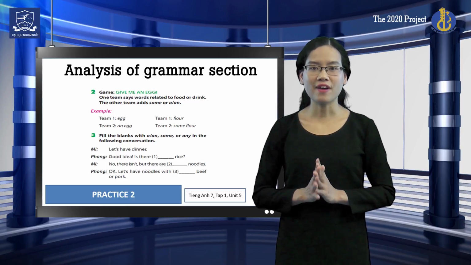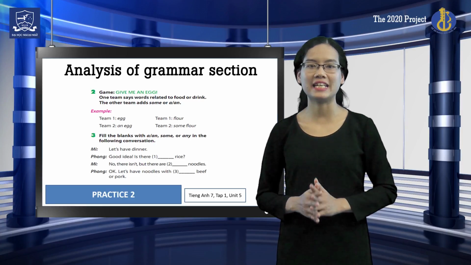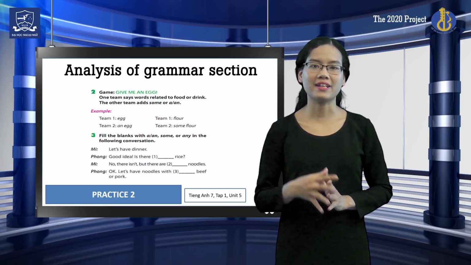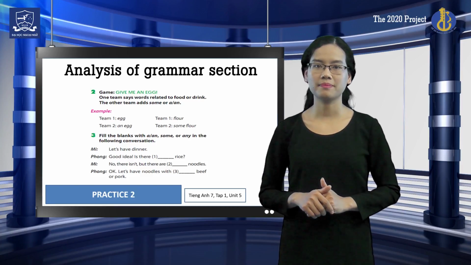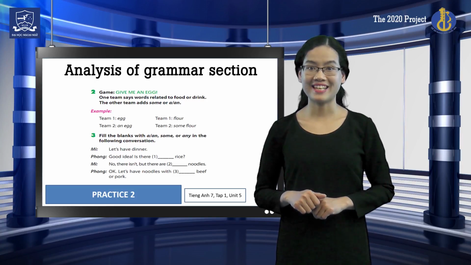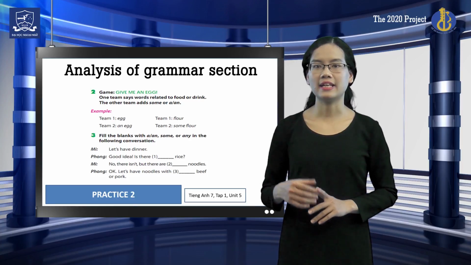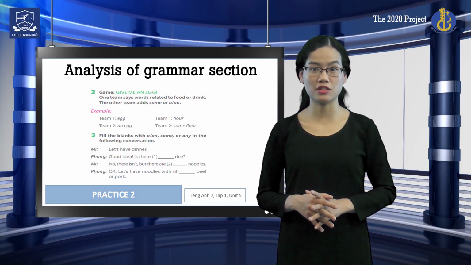So, it is advisable that teachers should let students add as many suitable quantifiers as possible so that they remember more. And more importantly, activity 2, the game, should be after presentation 1, and activity 3 should follow right after presentation 2.